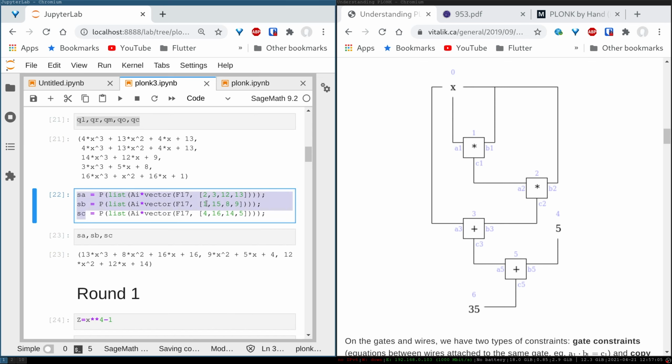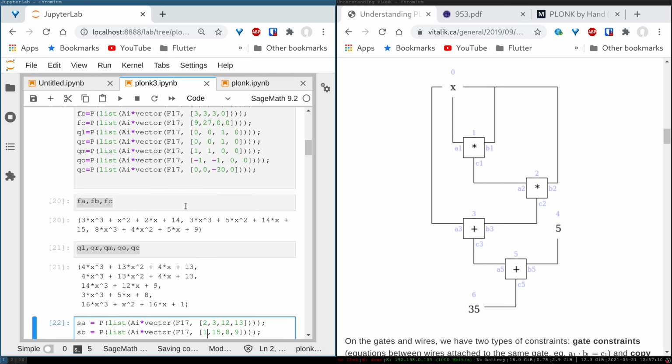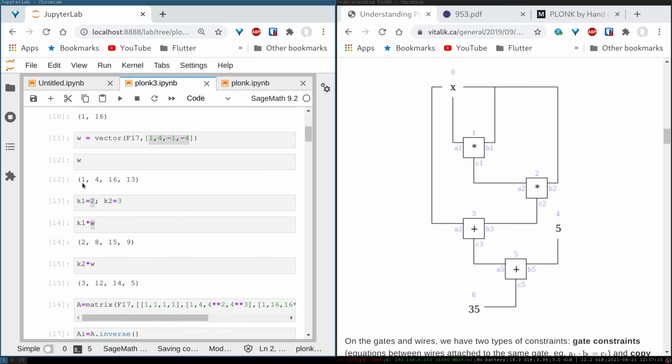What they say is that SA is labeled by the values 1, 4, 16, 13. B is labeled by 2, 8, 5, 9, and C by 3, 12, 14, 5. So what we say is that if we have an equality, for example A2 equals C1, then if you swap these labels, we should have the same result because the values at these labels are the same.